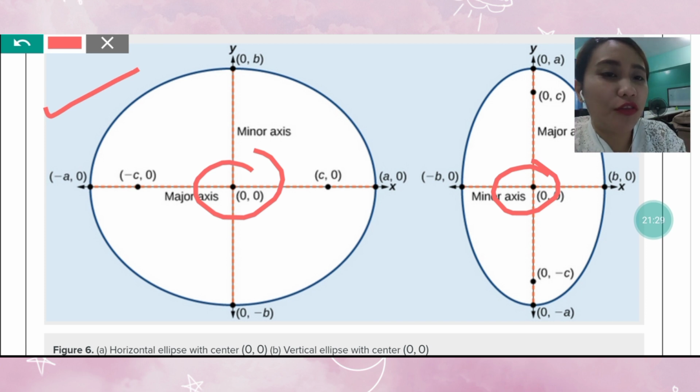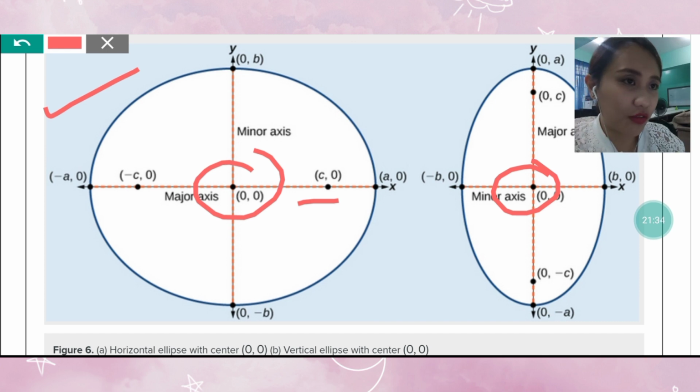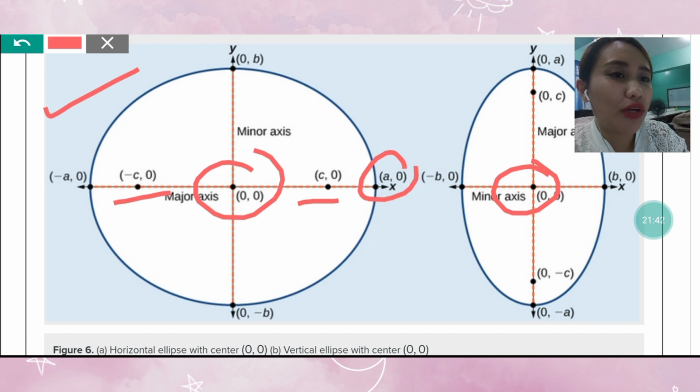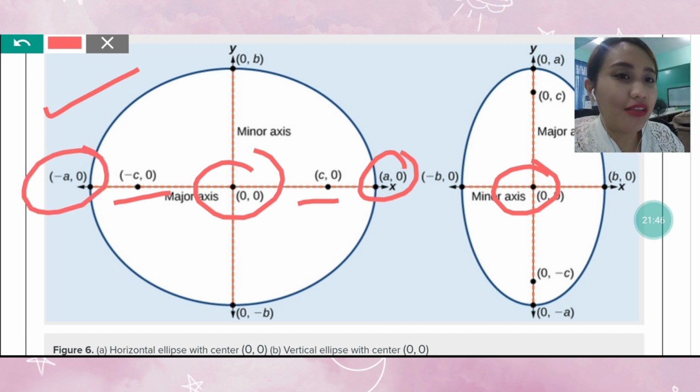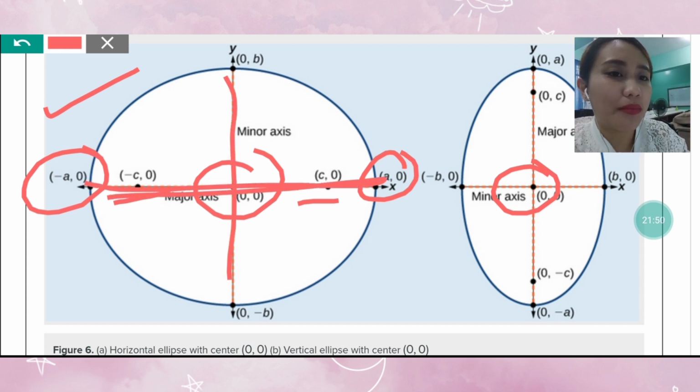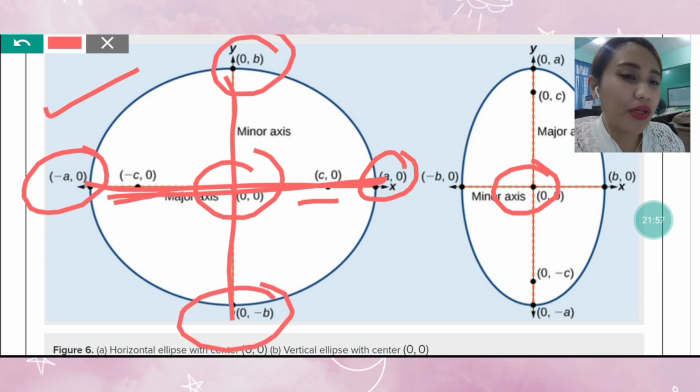We have here the foci: c, 0, since it's on the positive side of the x-axis, and negative c, 0 because that's on the negative side. We have one vertex there, a, 0, and the other vertex is negative a, 0. That's for the major axis. For the minor axis, going up, that's 0, b, since that's positive. Going down, that's 0, negative b.